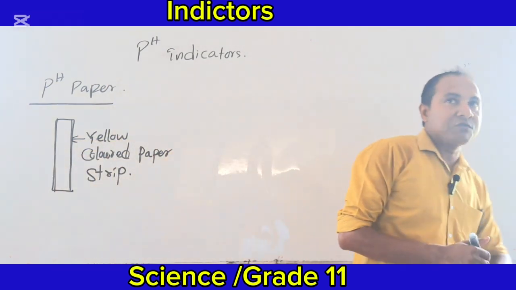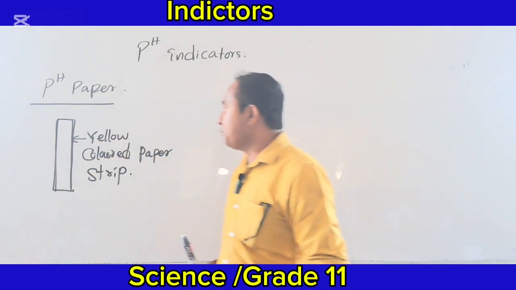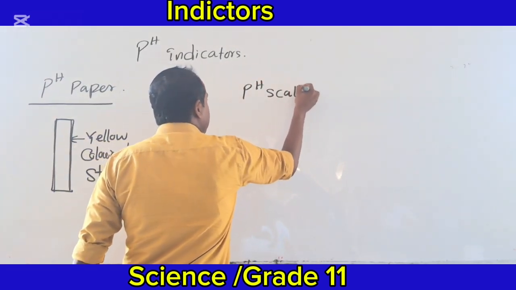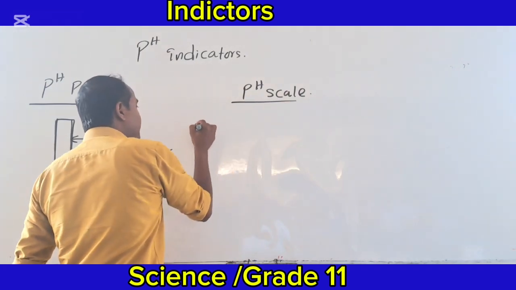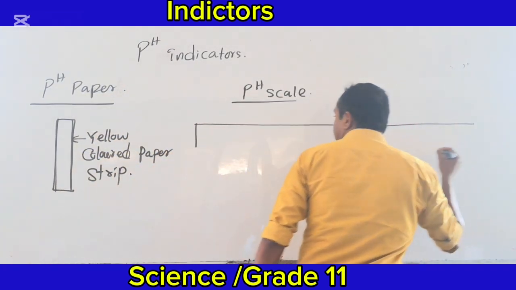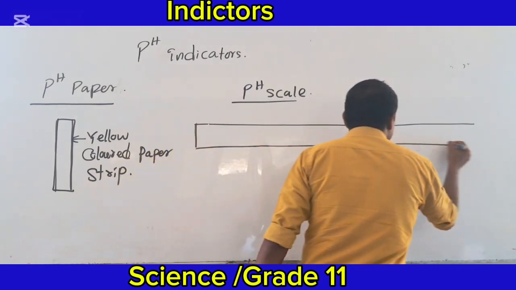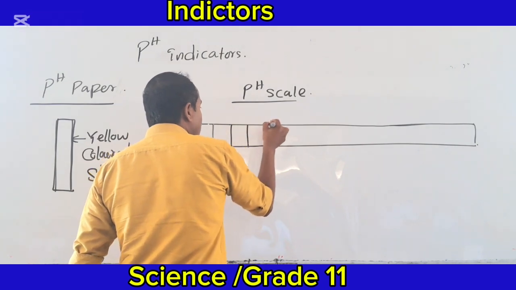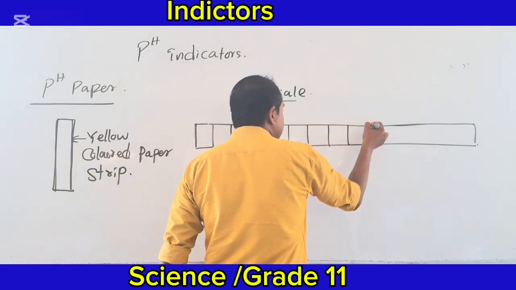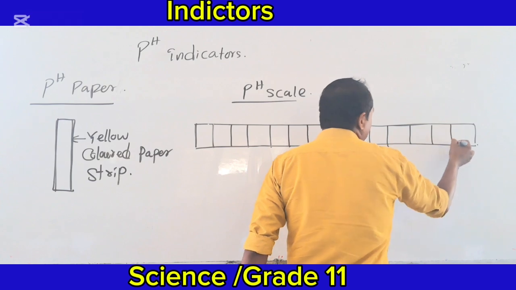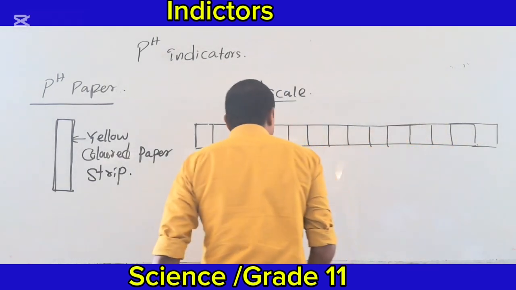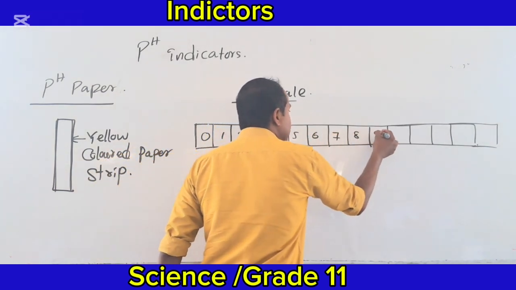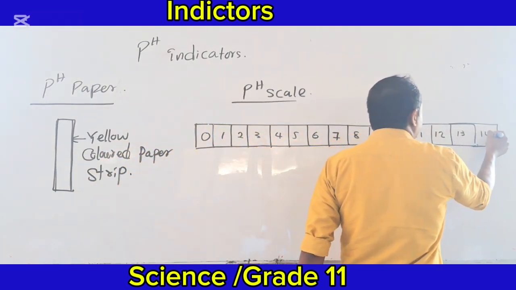To identify the strength of the pH value, another important thing is the pH scale. Let's learn about the pH scale. In the pH scale the numbers are 0, 1, 2, 3, 4, 5, 6, 7, 8, 9, 10, 11, 12, 13, 14.